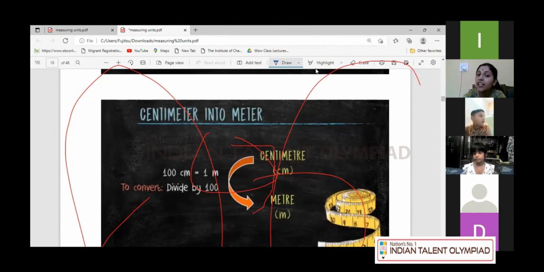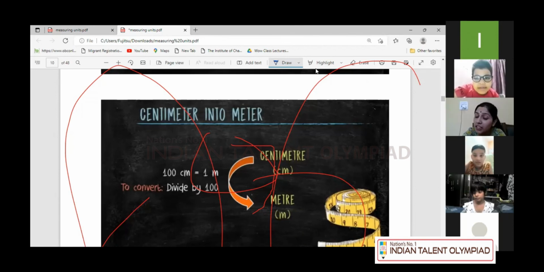Why? See, 1200 centimeter, you said it becomes very difficult for us to remember that number, right? Because the number is big. And when you're saying 12 meter, it becomes very easy for you to remember, right?